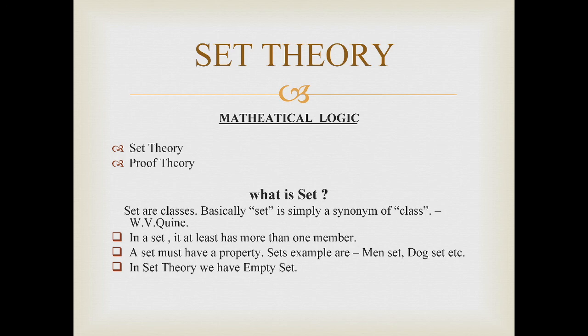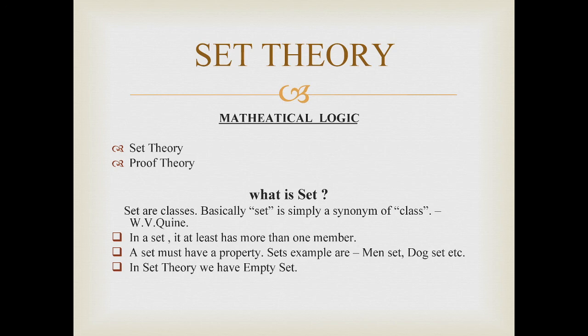The empty set has zero members, and is also called the null set. Therefore, a set is a bunch, a collection of many things. Set of mangoes, set of men, set of teachers, set of benches.